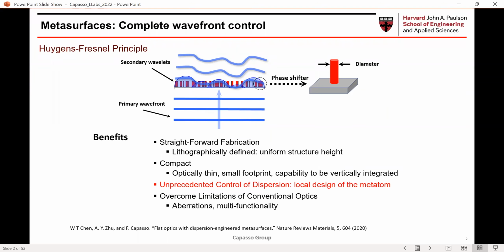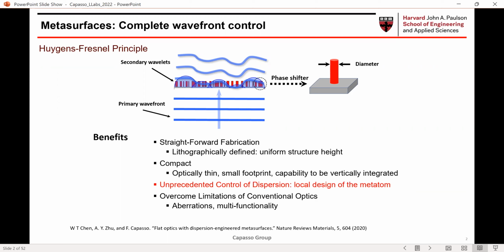control of dispersion. By changing the lateral dimension of the metaatoms, essentially what you can do is change the overlap of the incident light with the structure, so you can locally change the effective refractive index. You can see these as tiny waveguides.